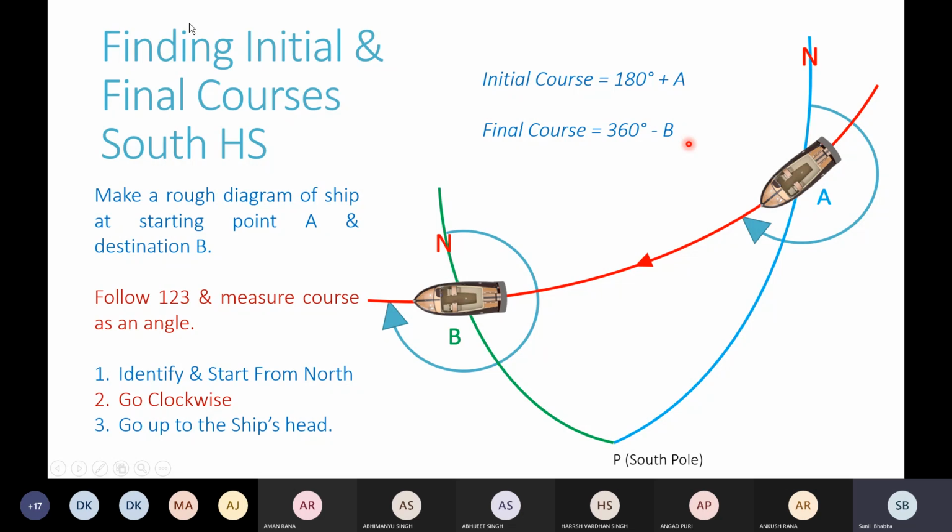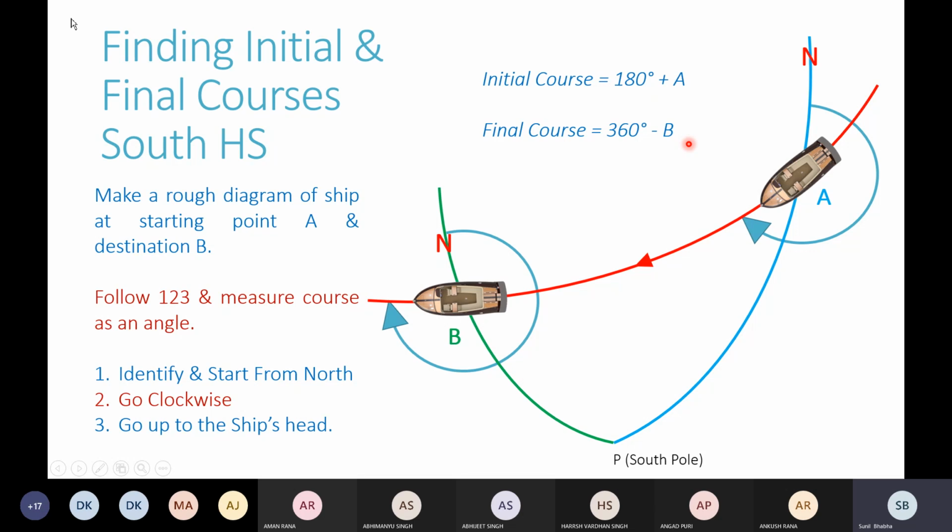So we have done these calculations, the courses calculation in the northern hemisphere as well as in the southern hemisphere, with the ship moving in an easterly direction as well as in a westerly direction. Now, always remember that this method gives us the courses in the 3-figure notation or true notation. If by any chance you need to find the courses in quadrantal notation, the method will not straight away give it to you.